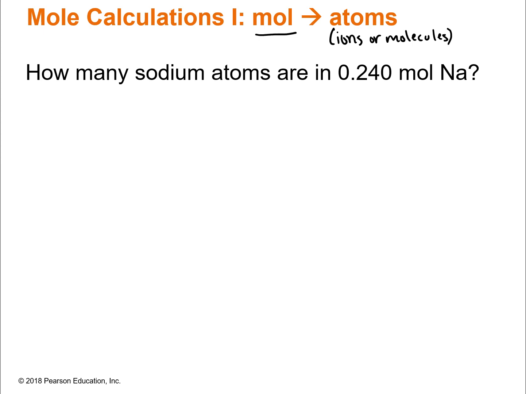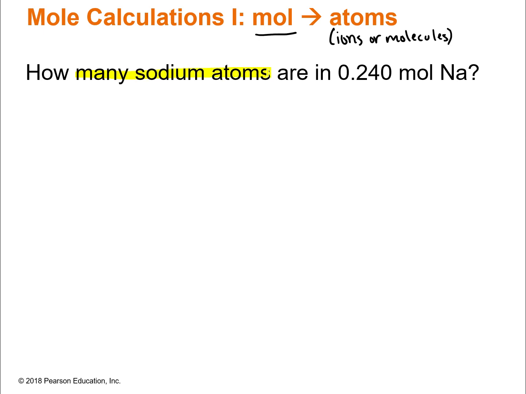How many sodium atoms are in 0.240 moles of sodium? How would you recognize this as a moles to atoms problem without the title? What I recommend you do is you highlight or underline the unit that's asked for in the question. So in this case, sodium atoms.